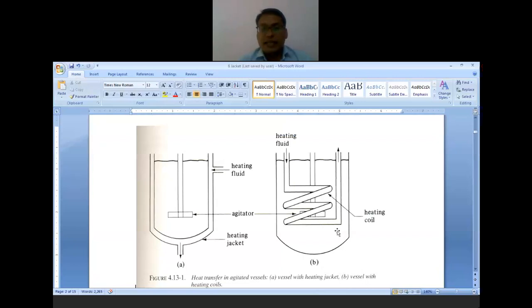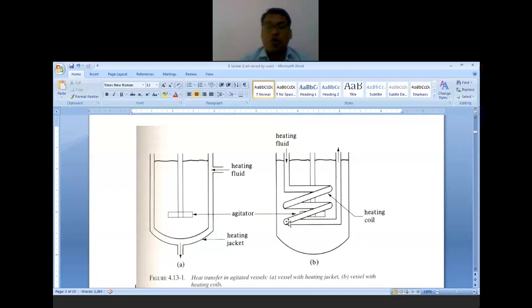Now the second figure is related to the coils: a vessel with a heating coil. So inside there is a coil available. Helical coils are used. Sometimes they are at the side. These are the central coils which you are seeing. Sometimes only side coils can be situated.